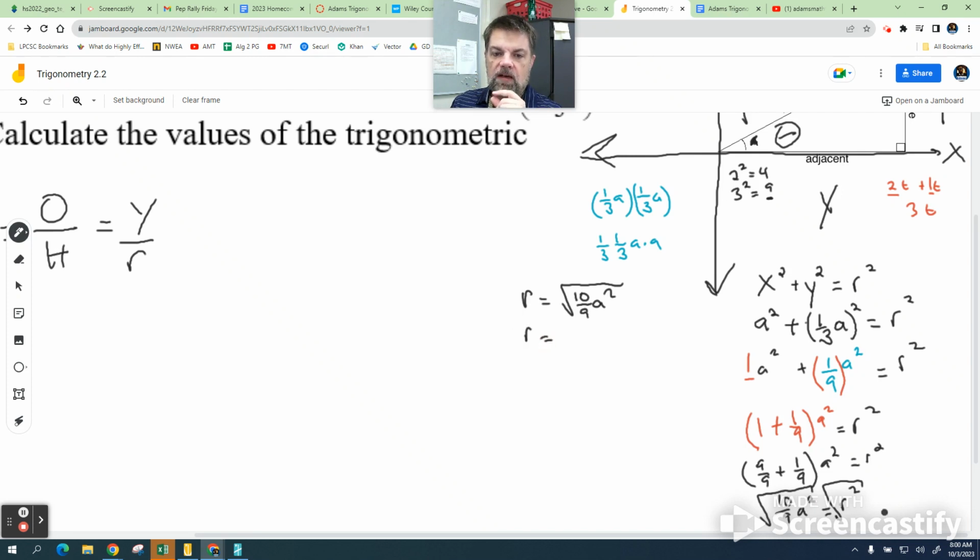I could say r is equal to the square root of 10 over the square root of 9 times the square root of a squared. That's a legitimate move for square roots. In other words, because I have a 10 times a squared, which is divided by 9, I can separate all those into individual square roots.